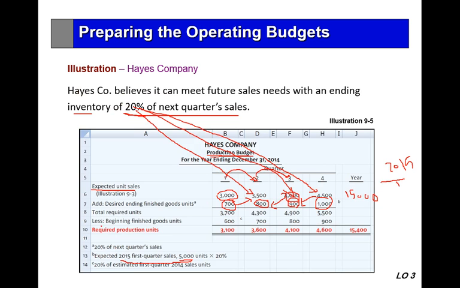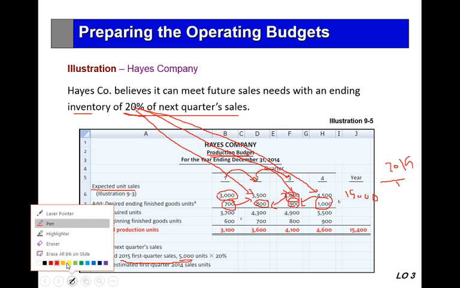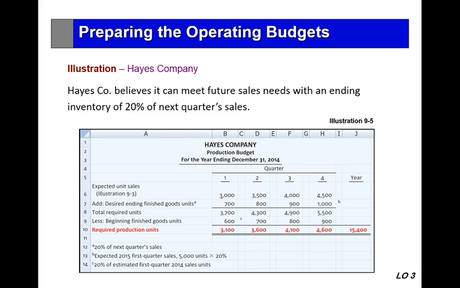Then we can continue and say that we expect to sell 3,000 units in the first quarter, and we want 700 to remain in the store. Then we want to produce 3,000 to sell and 700 to remain in the store, so 3,000 plus 700, 3,700 units, total required units for the first quarter.